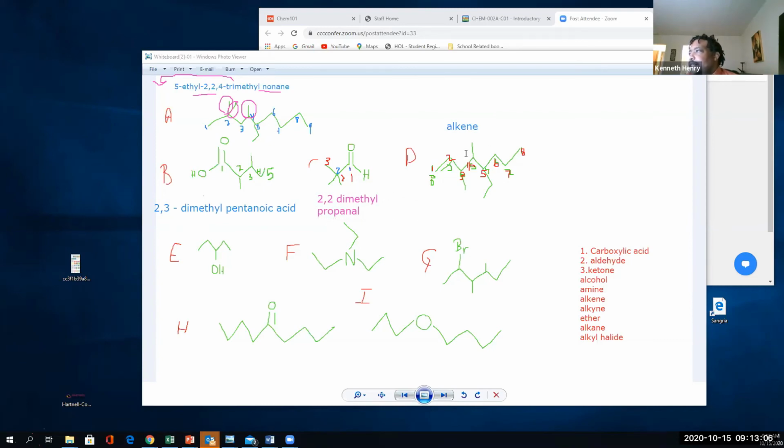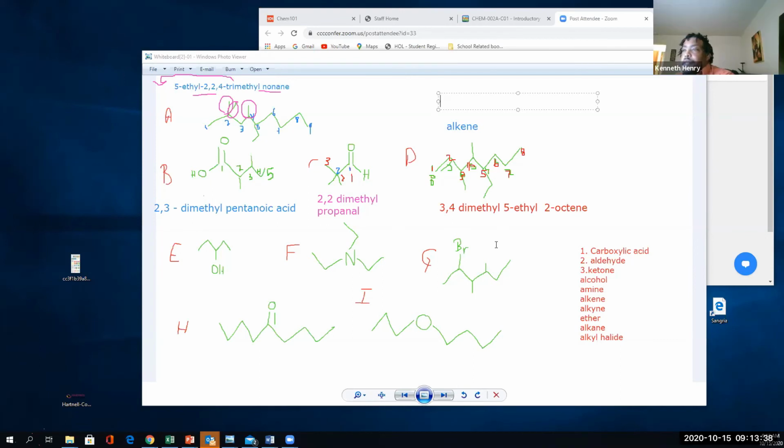Okay, D. Yeah, it is an alkene, but let's name it. So where does the double bond start? You always want to go with the smallest number as your starting number. So where does it start at? The left.